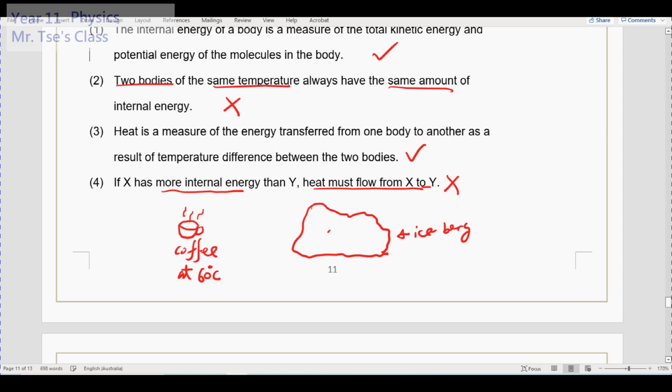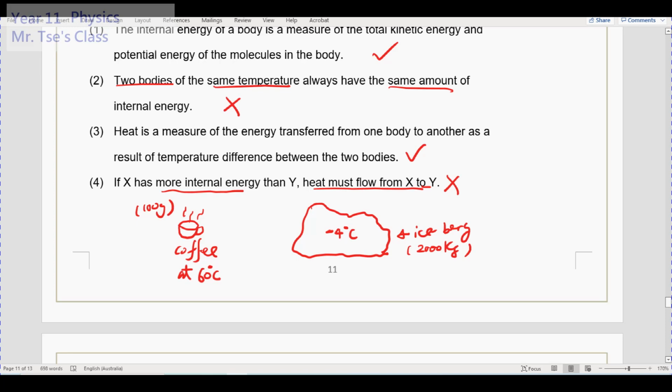Obviously you would say the iceberg is like minus 4 degrees Celsius, let's say. Obviously that coffee has higher temperature, but the coffee has very low mass, and the iceberg has huge mass, like 1 ton, 2 tons, 2,000 kilograms, while the coffee is only possibly 100 grams. So obviously the iceberg should have much greater internal energy.